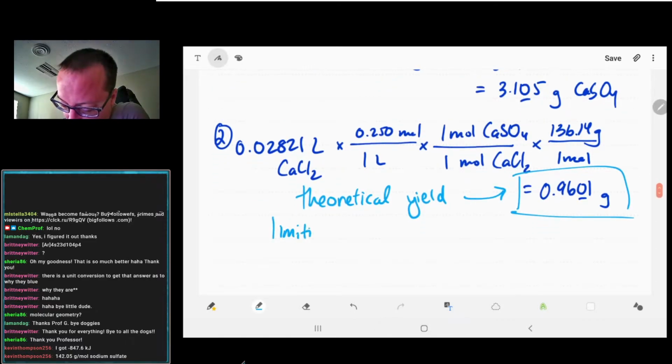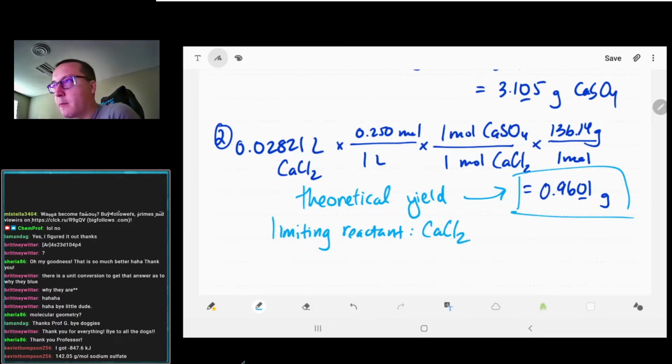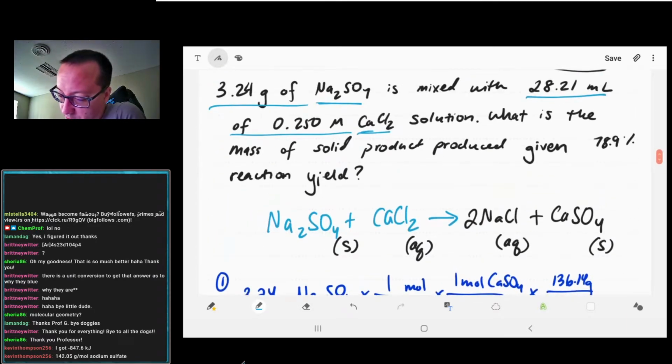So if I were to ask you which one is the limiting reactant, you would say it's calcium chloride. However, since this question is essentially asking how much is produced, and we're given a reaction yield, we're asked for the actual yield here.